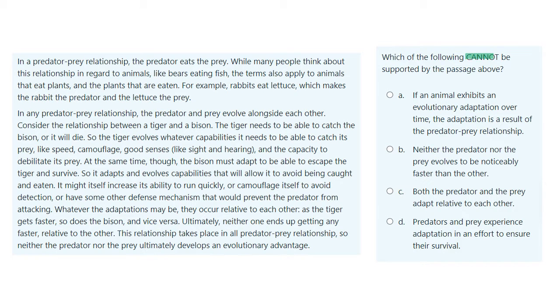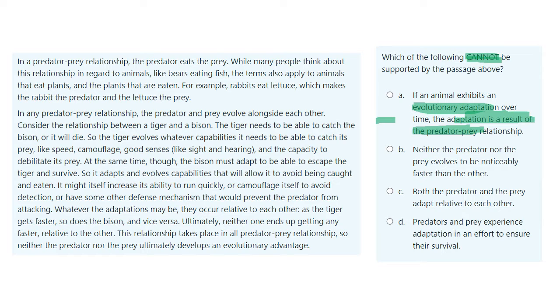Which of the following cannot be supported by the passage above? A, if an animal exhibits evolutionary adaptation over time, the adaptation is a result of predator-prey relationship. So evolutionary adaptation is because of predator-prey.